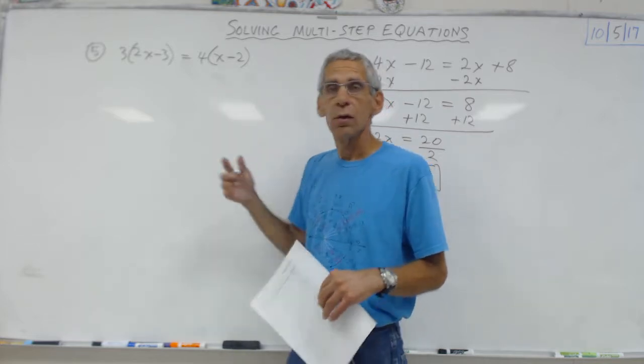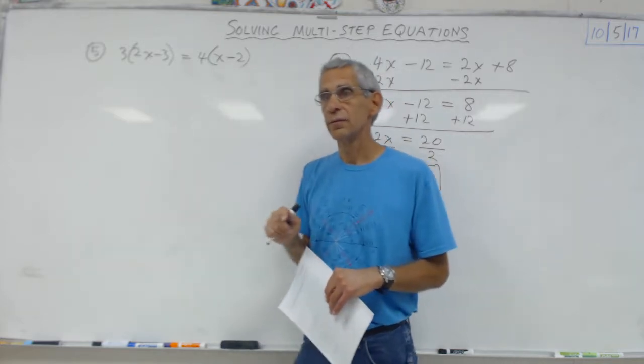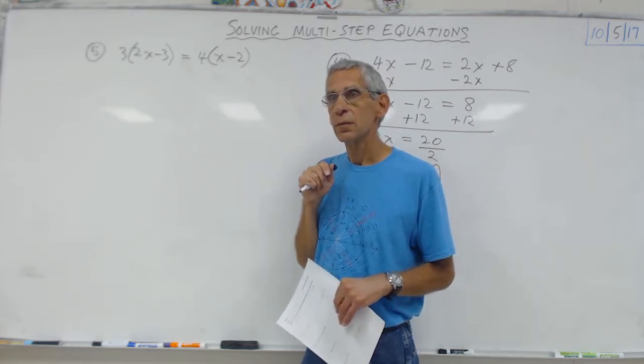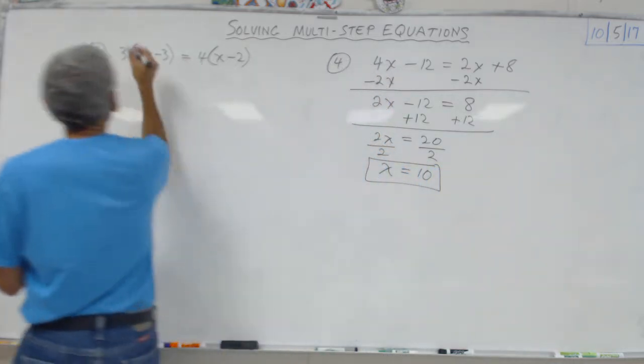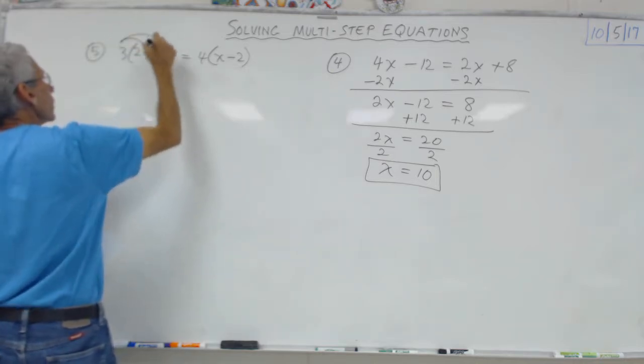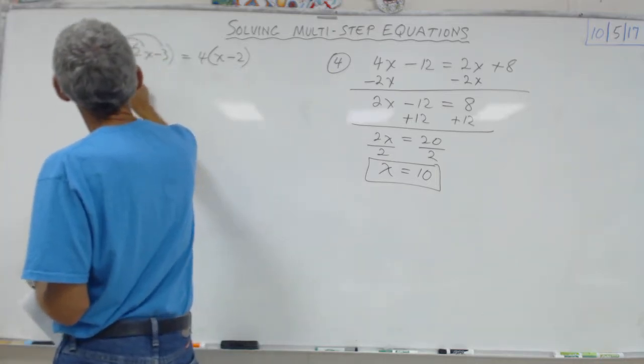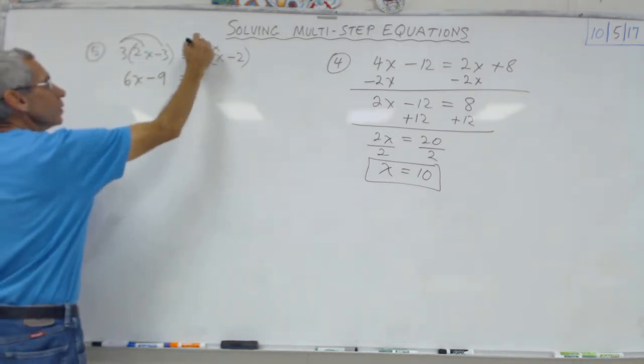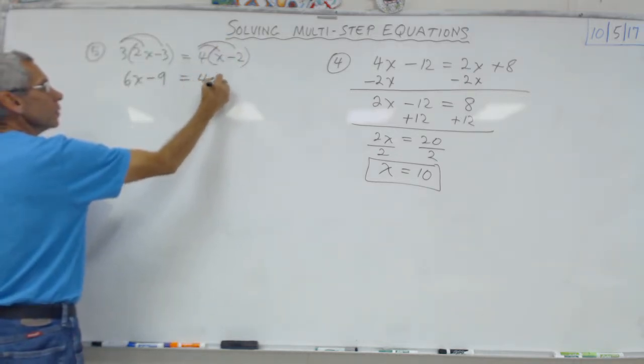Okay, so Jan, help me with this. First, what I would do is distribute on both sides. So 3 times 2x and 3 times negative 3, and you get 6x minus 9 on one side. Then I distribute on that side, and you get 4x minus 8.